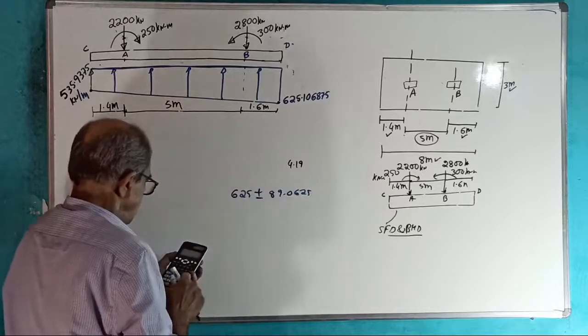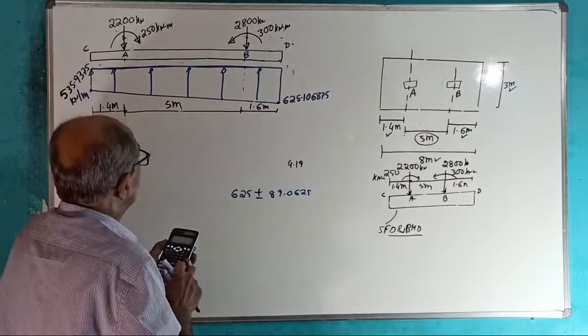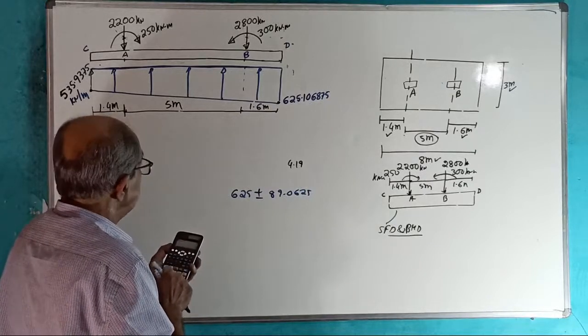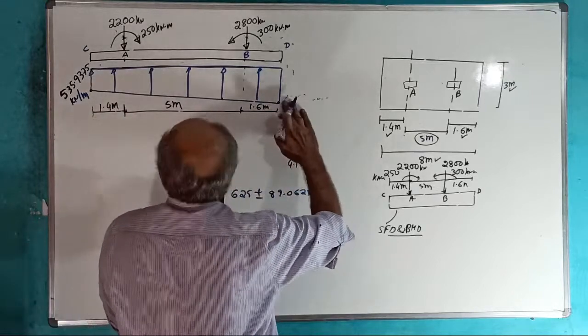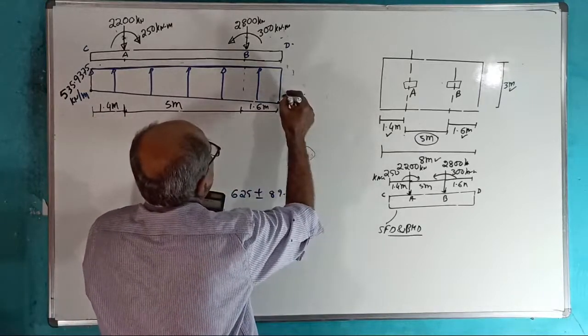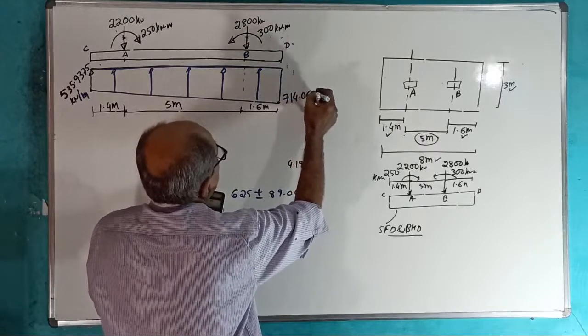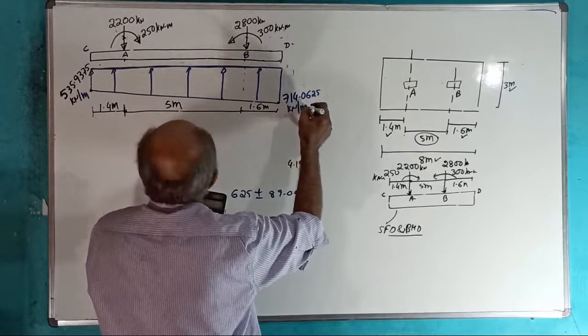So 625 minus 89.0625 is 535 point something. The other one is 625 plus 89.0625, which is 714.0625. This much accuracy is not required, kilonewton per meter.